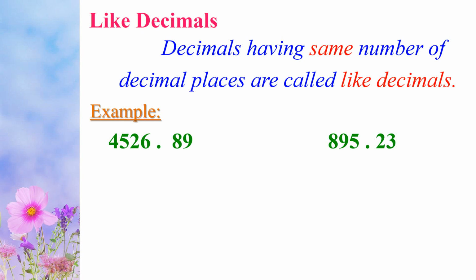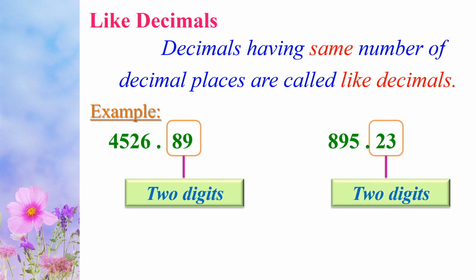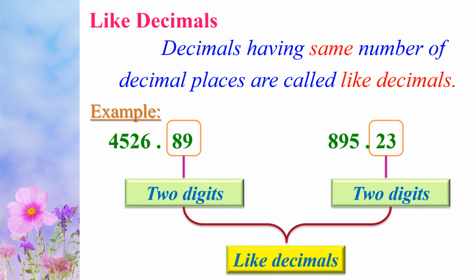Let us find the number of digits in the decimal part. The first decimal has 2 digits in the decimal part. The second decimal also has 2 digits in the decimal part. So they are called like decimals because both decimals have the same number of decimal places.